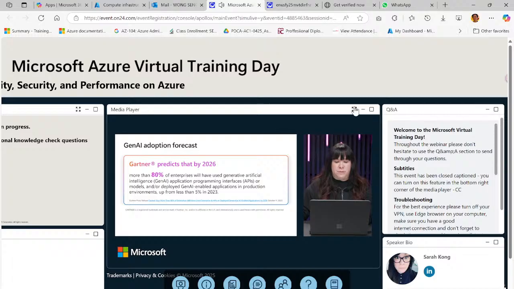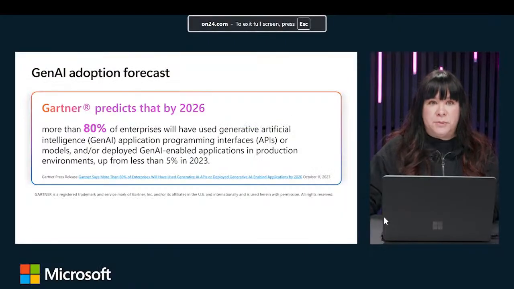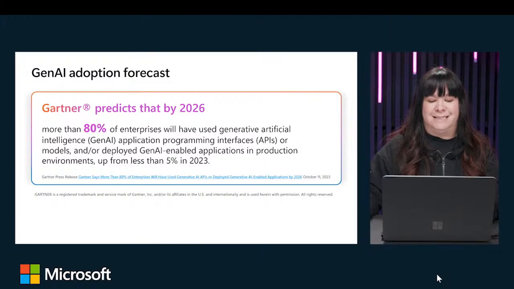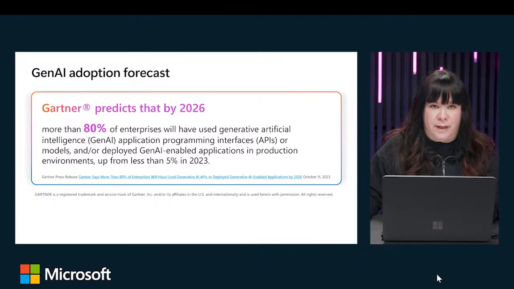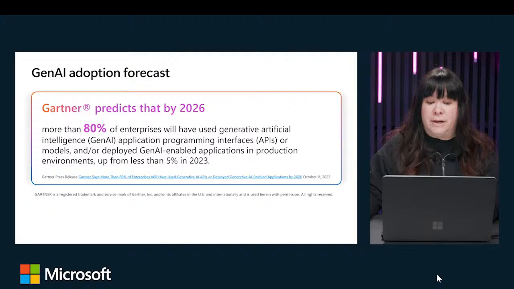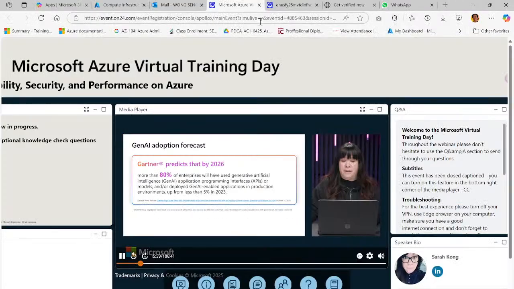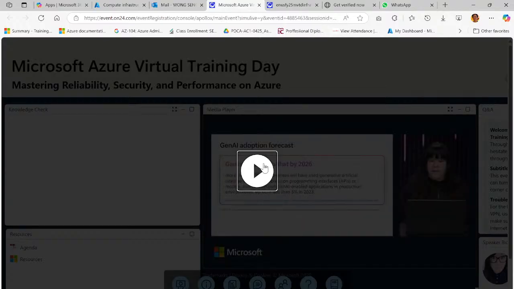Gartner predicts that by 2026, more than 80% of enterprises will have generative artificial intelligence. AI is fast growing, as you've heard in the market.